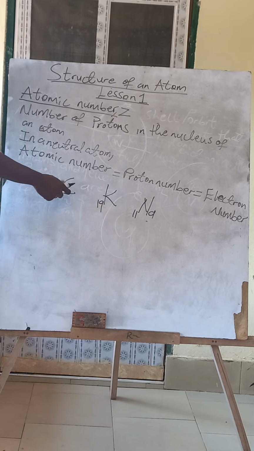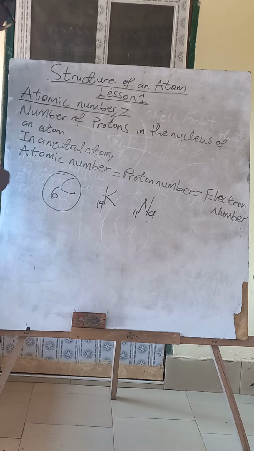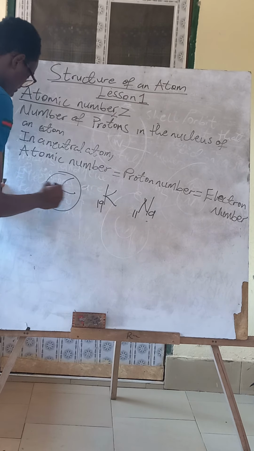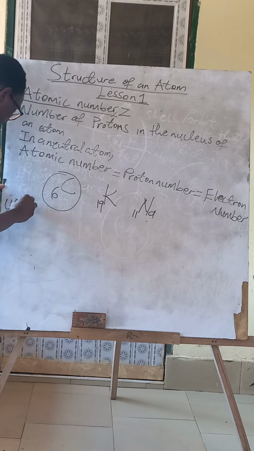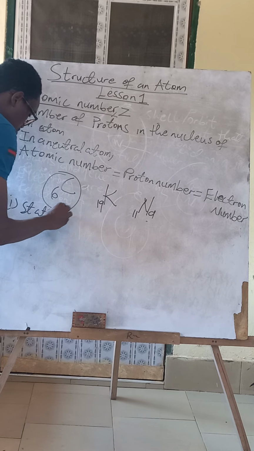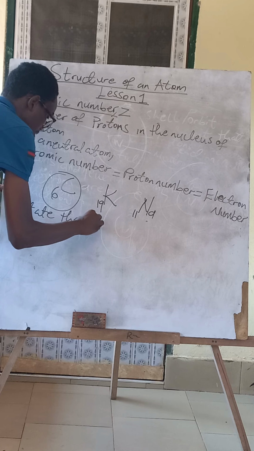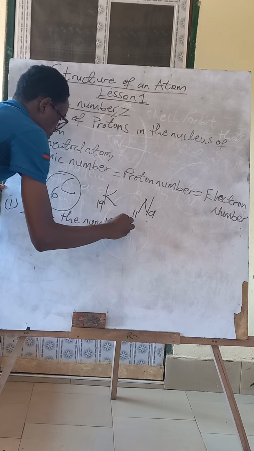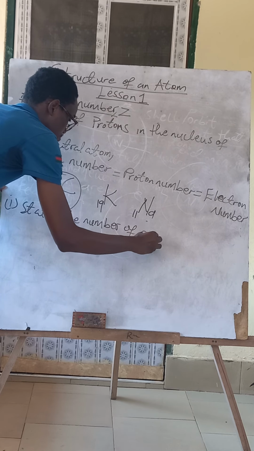So if you have something like this, it can be in the form of a question. And they will say, so you will see this symbol and they will say: I. State the number of protons.